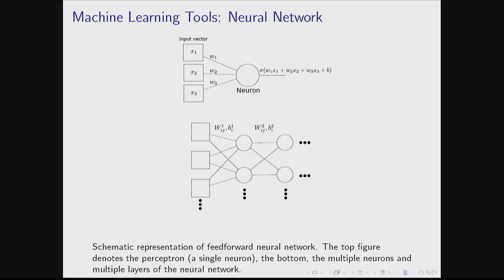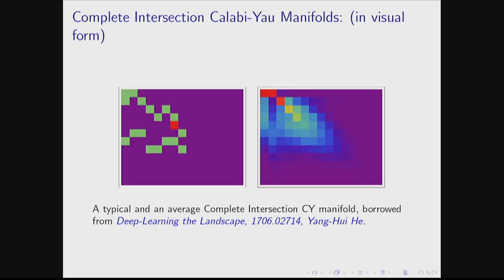And the two tools we use are neural networks and support vector machines. Enough has been said about neural networks here, so I'll skip over this. Instead, I will point out that in our implementation, we have invoked some convolutional neural networks, which is very important in the field of computer vision. And there is a visual representation of a CC, which I've borrowed from Yang's first paper on these things.